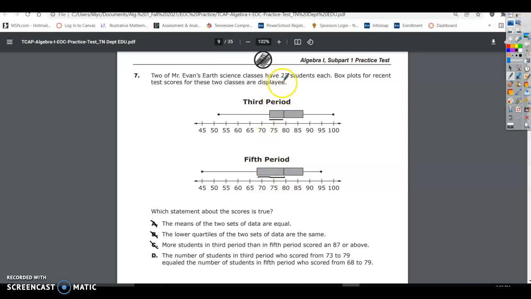So this is the same because we know that the 2 sets represent 23 students. So even though in 3rd period, this class, they scored more closely to the same number, these scores were a little bit further apart, but they're still the same number of students who were in that range. So number 7, the best answer is D.